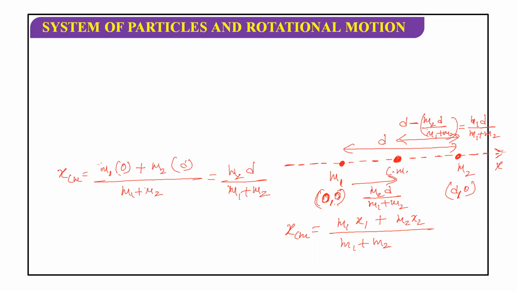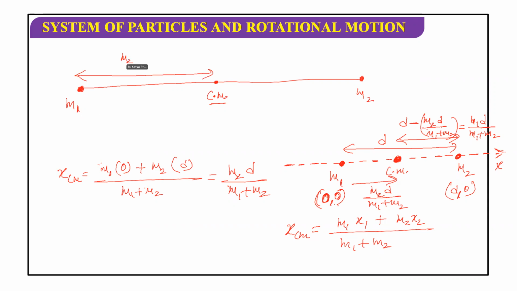I'll just redraw it here so that there is clarity. This is a formula you have to remember. Many questions are asked based on this. Center of mass will be somewhere here, between M1 and M2. Center of mass distance from M1 will be M2d divided by M1 plus M2.